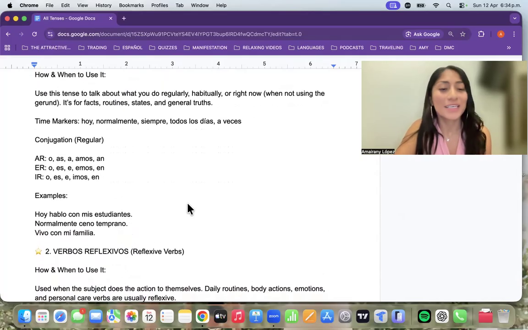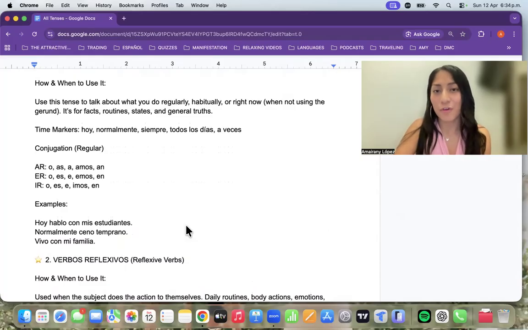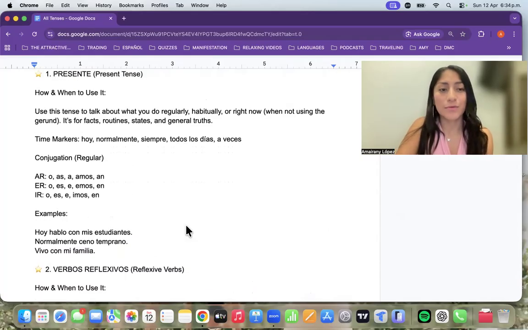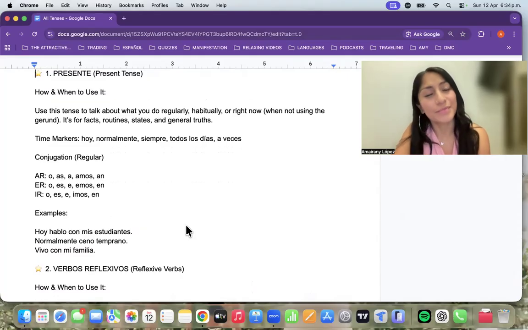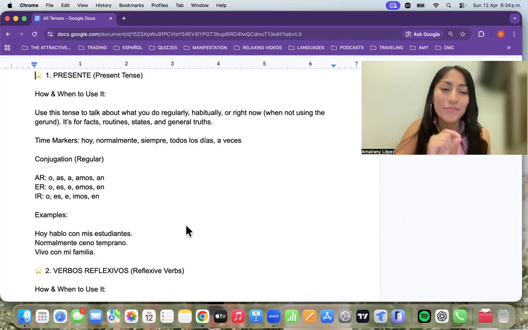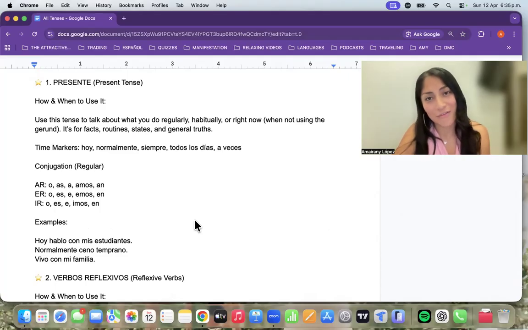So I have everything. And then at the end, there will be examples for each tense, of course. So I'm going to show you exactly how they look like in conversation. And after that, I am going to challenge you and I'm going to give you a little bit of homework. And you are supposed to write down your own examples, things that relate to your actual life.